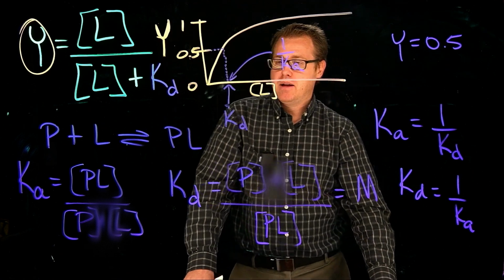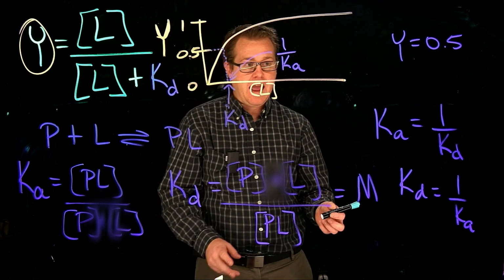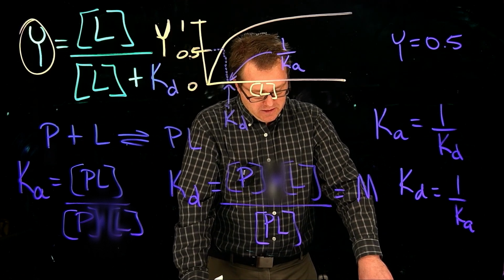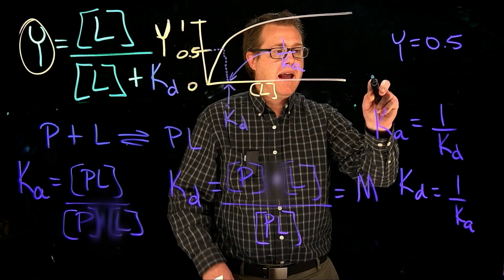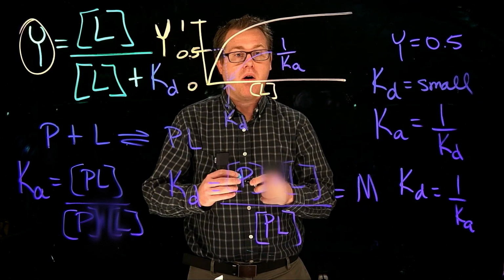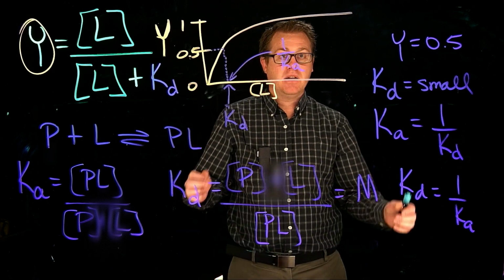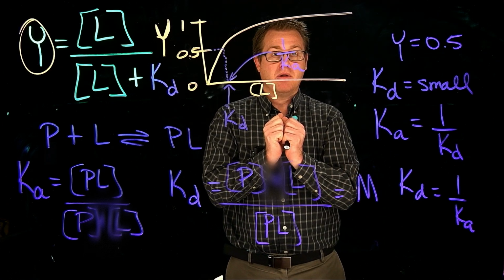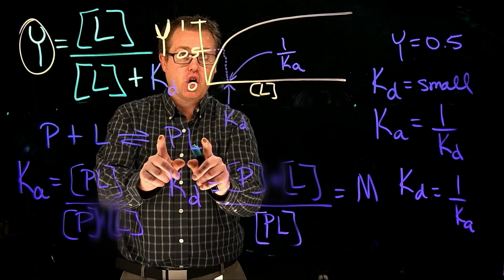Now, how do you view the numbers when you're given a KD or a KA? What does this mean? So with a small KD, when the KD is small, that means that the protein and the ligand are binding very, very tightly. A small KD means that it's staying here.